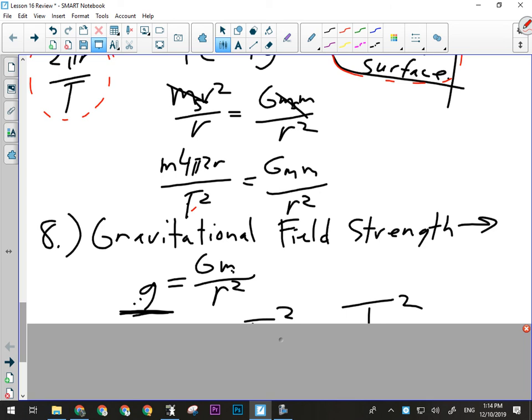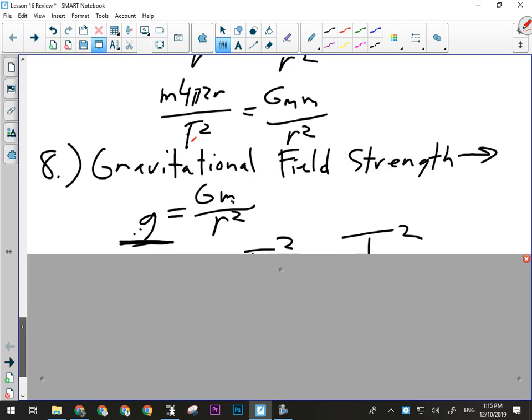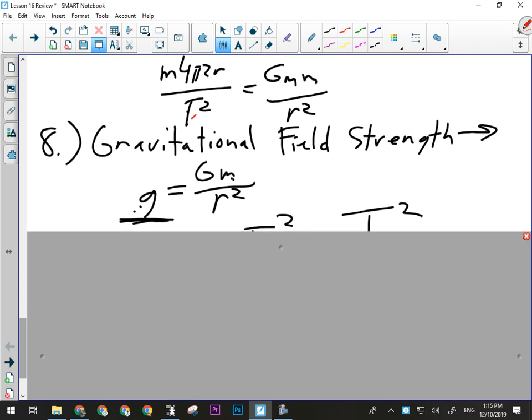And you will know that because I will boldface, italicize, and underline the words gravitational field strength. So be on the lookout for that. That is not the same thing as the force of gravity. Don't make that mistake, please. So remember that gravitational field strength is your acceleration due to gravity at a certain point, not the force of gravity at a certain point.